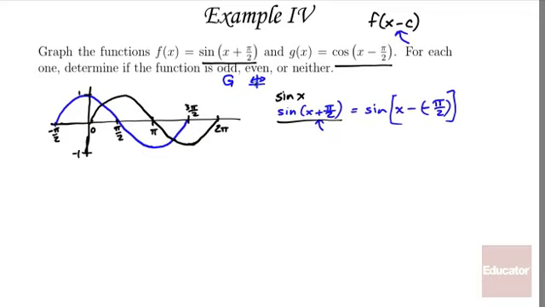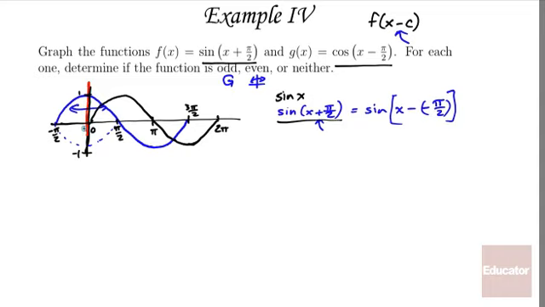Well, if you look at this graph, it certainly doesn't have rotational symmetry, because if you tried to rotate it around the origin, it would end up down here, and that would be a different graph. However, it does have mirror symmetry around the y-axis.